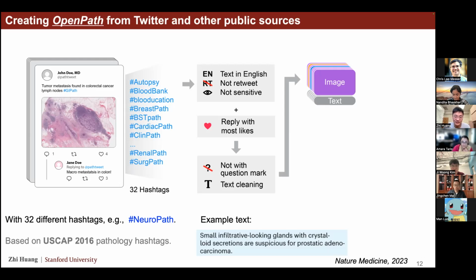And also it's because it was systematically recommended and managed by US CAP. They suggest several pathology hashtags, so it's relatively easier for us to search those tweets by the hashtag. And that's how we established the data set. I did try to scrape the radiology images, but I was not able to find a systematically arranged, high quality set. So yeah, that was a little bit of a pity.